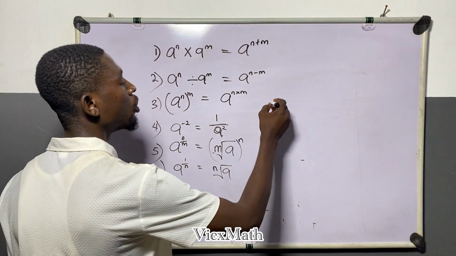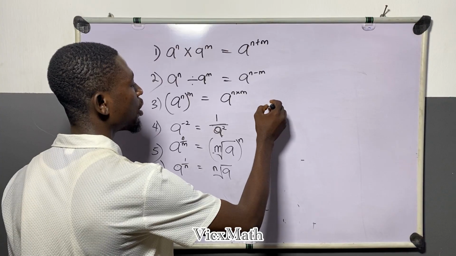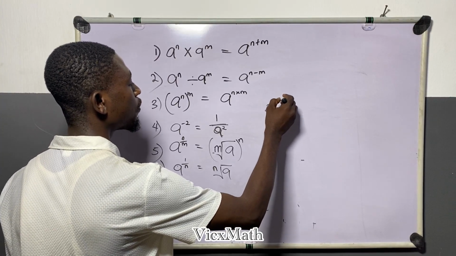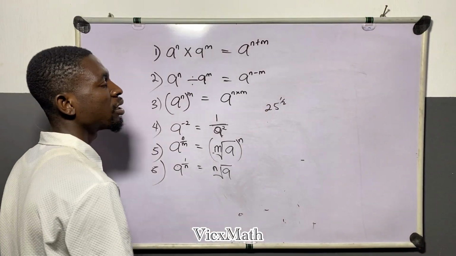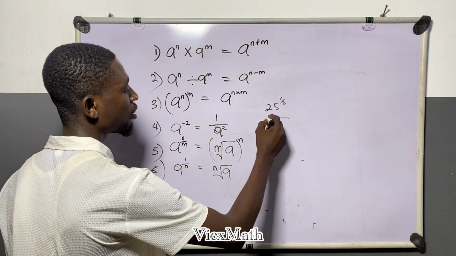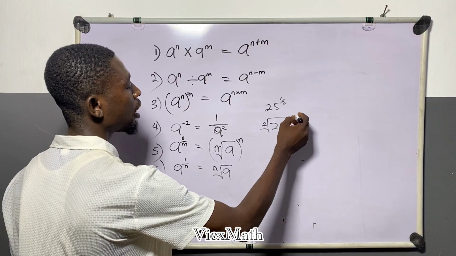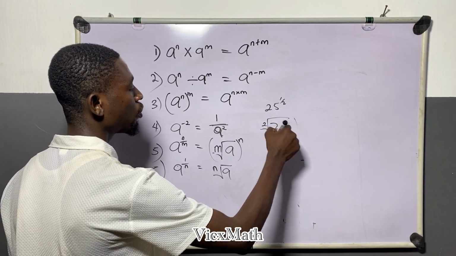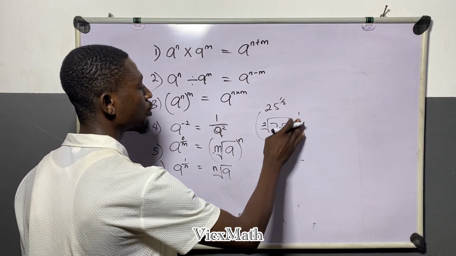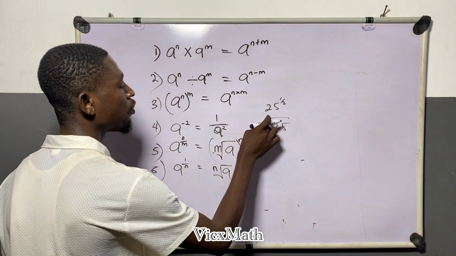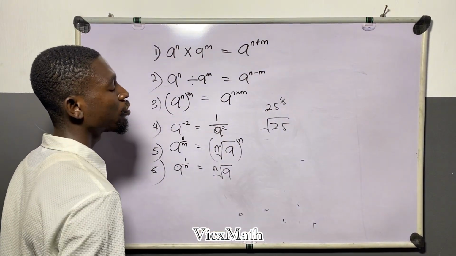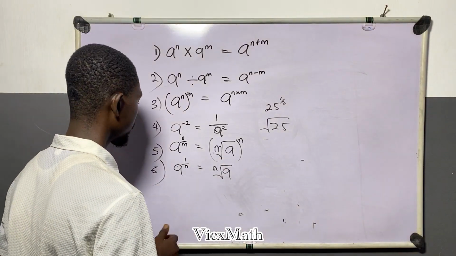For example, if you have the number 25 raised to 1 over 2, this is actually the square root of 25. Yes, this is the square root of 25. What it's trying to say is that all over raised to the power 1 is still the same thing, so no need. And you know that when putting the square root, there's no need of indicating that it is 2 here. So the square root of 25 is 5.